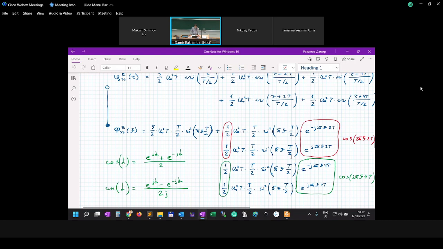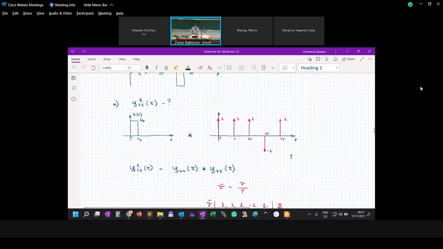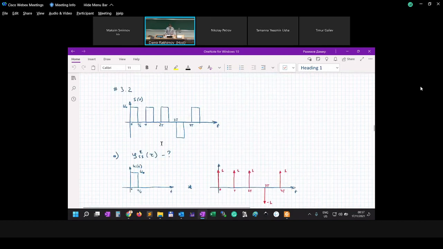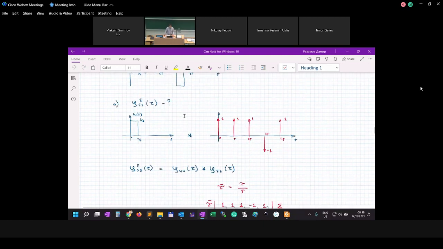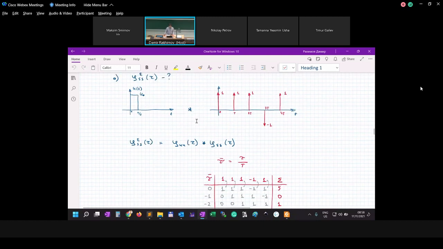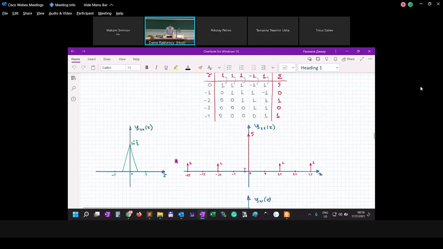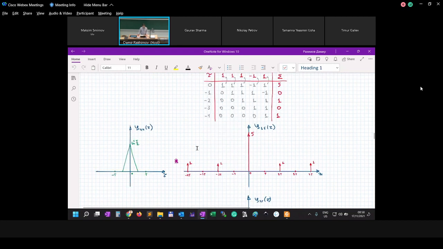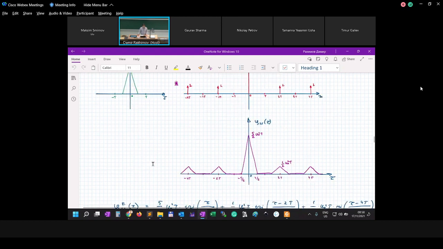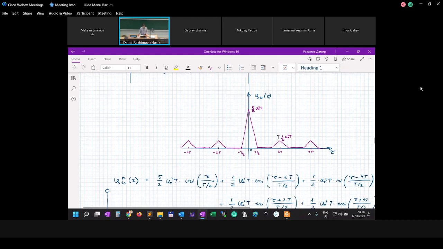So, as I remember, we discussed the example where we have a sequence of rectangular pulses, and we had to calculate the correlation for this sequence. The idea is that we can decompose it into two parts, a sequence of delta pulses and a rectangular pulse, and by calculating the correlation function separately for each part, you can find the resulting correlation function.